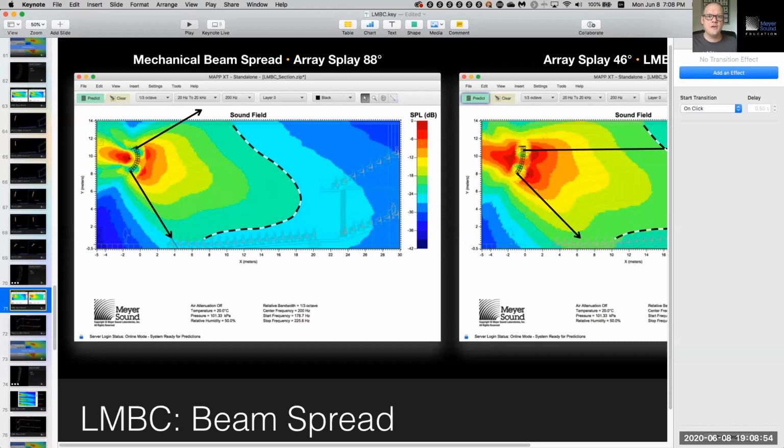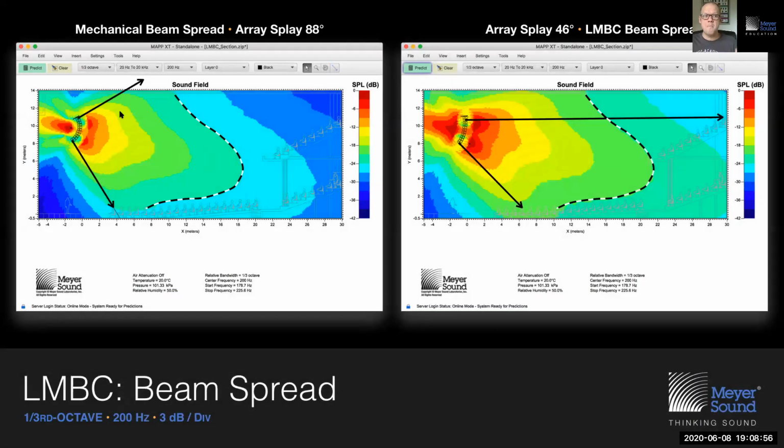Because here you see the mechanical solution with the overextended coverage, the overextended curvature, 88 degrees, which opens up the beam, sure, at 200 hertz, but now points the waveguides, the ribbon emulation manifold, the REM waveguides, completely in the wrong direction. That is not acceptable on the left side.